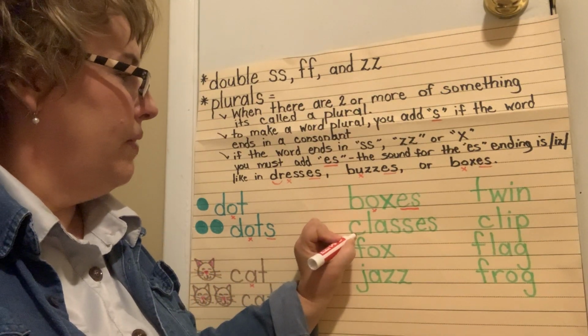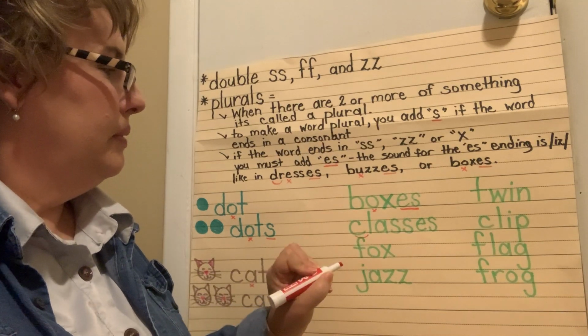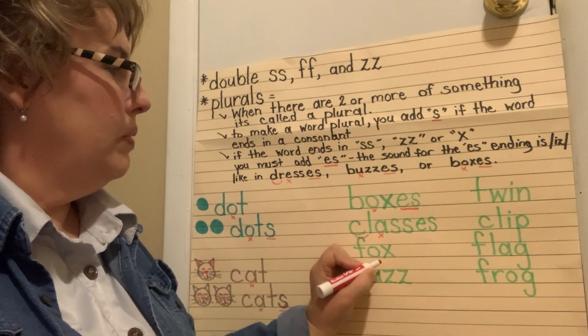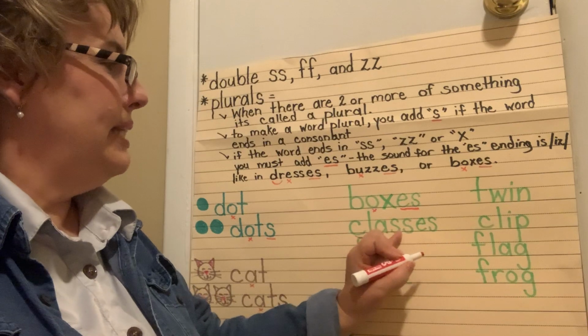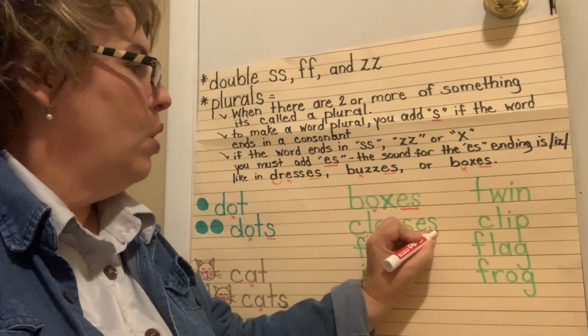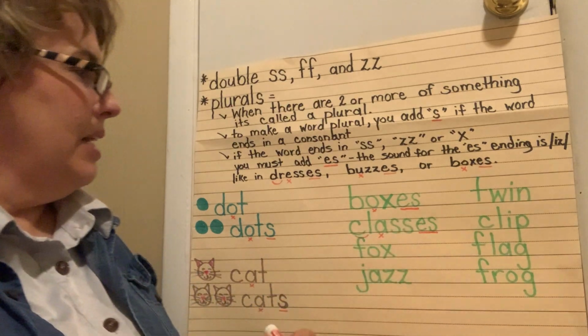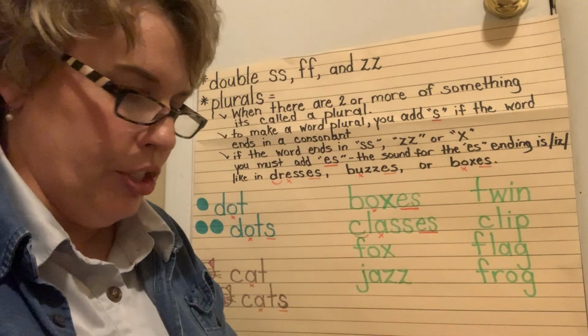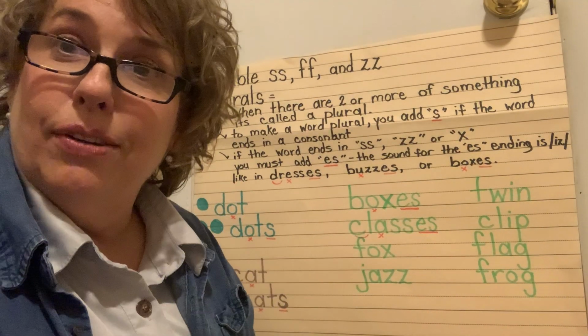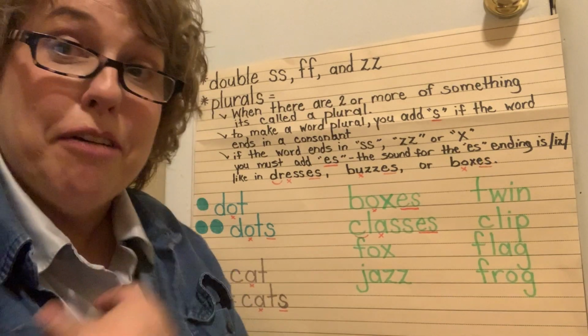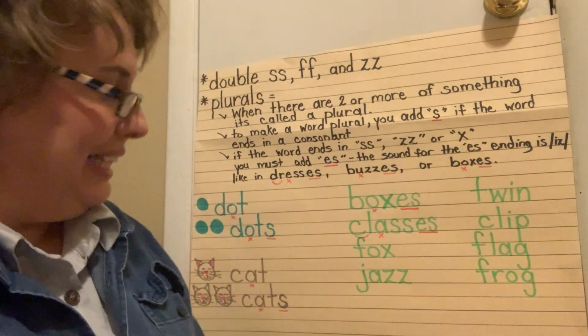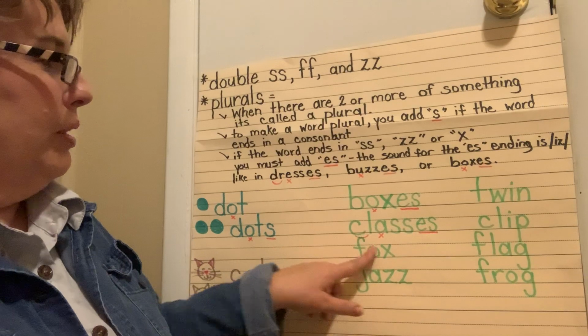CL is a blend, so we have to arc that blend. Mark our vowel. Now, it already had these S's, but we've got to underline what made it plural. The ES made it plural. Classes. All the classes at Parish Elementary are out right now till the virus gets over with, right? Classes.